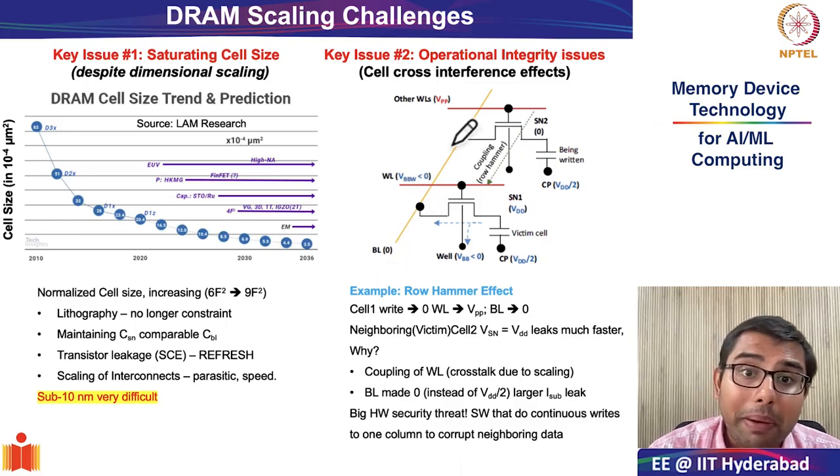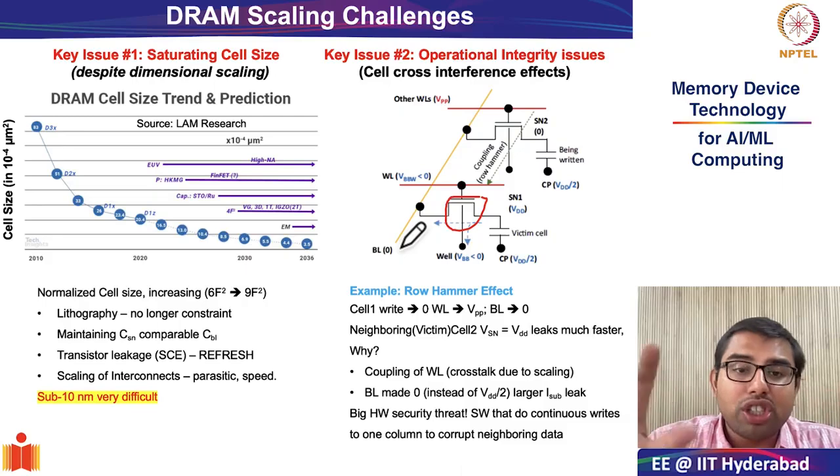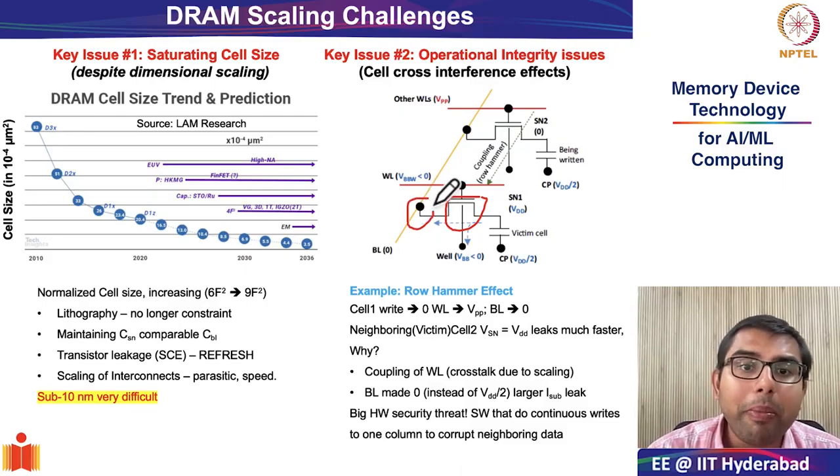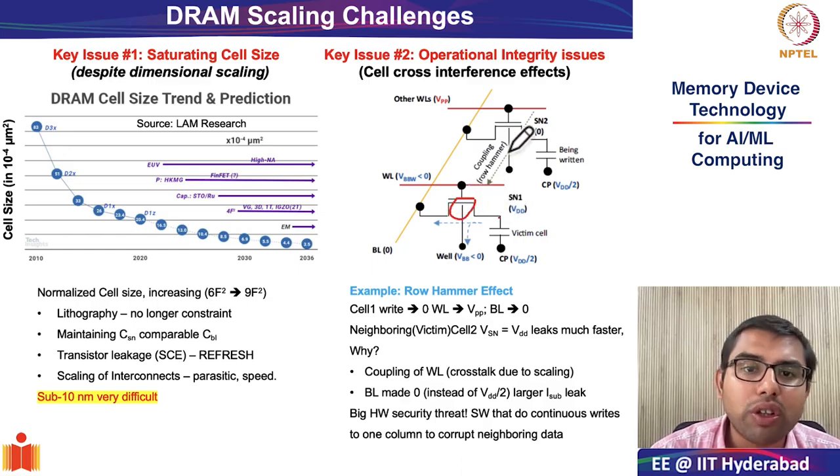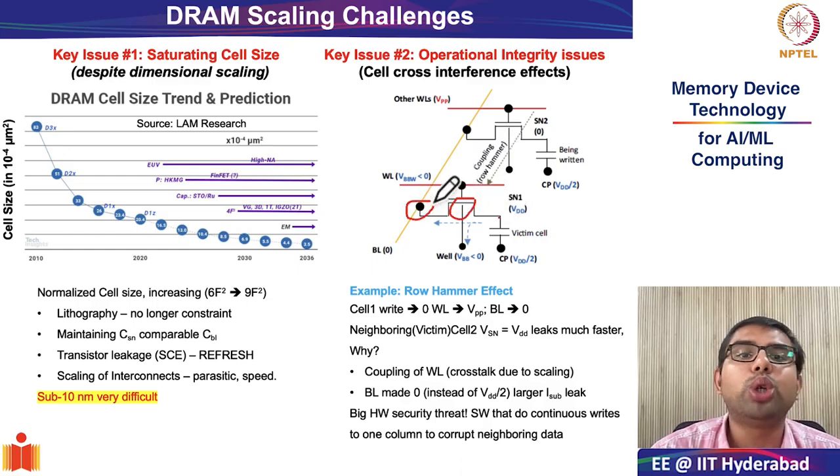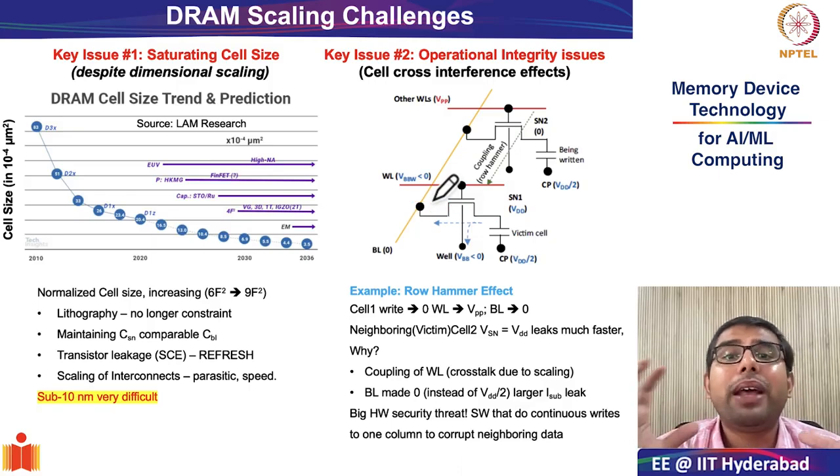Please recall, the bit line between them is also common. If the bit line is common and this is on, and instead of being VDD by 2, which is your natural state, you keep making the bit line 0, the leakage will get hastened even further. Why? Because this is VDD, this is slightly on because of cross coupling, and this is also 0 instead of being VDD by 2. And this is a very, very big threat.